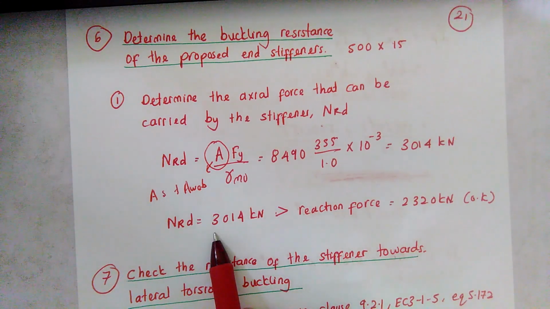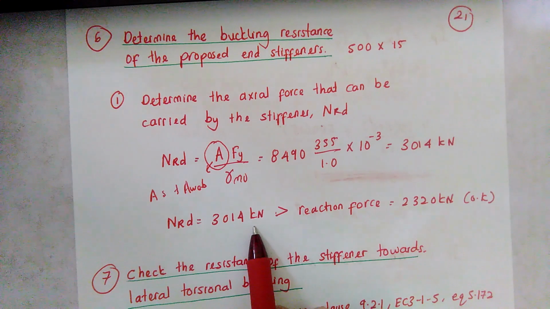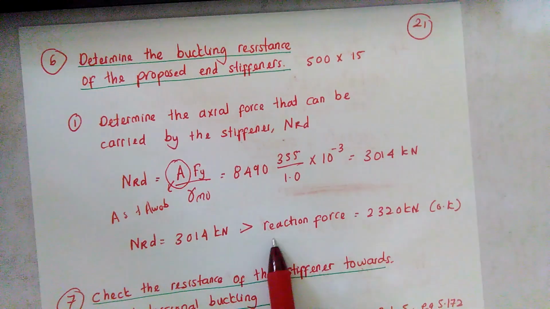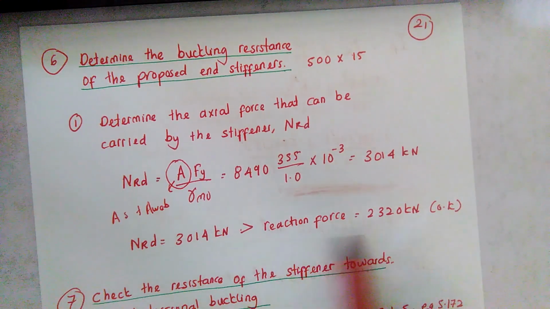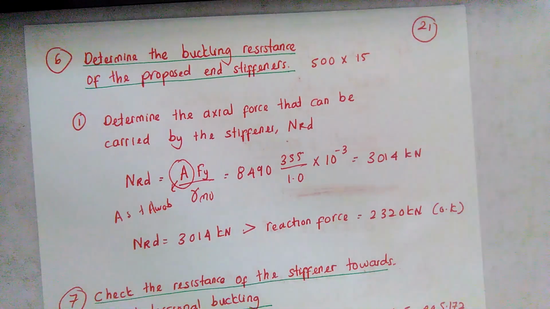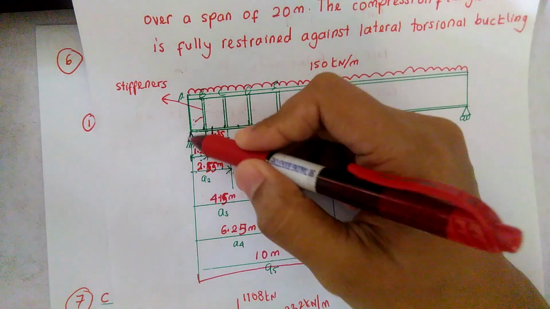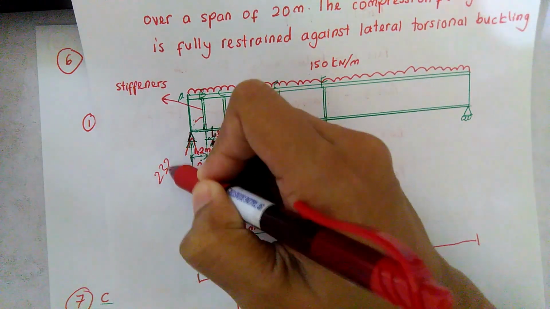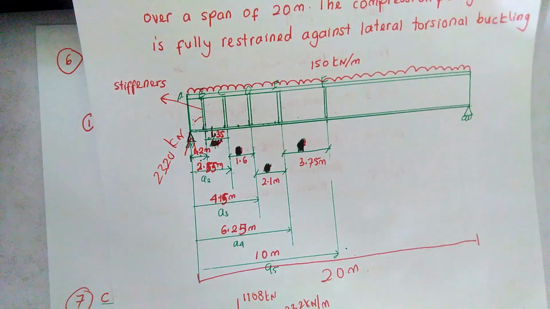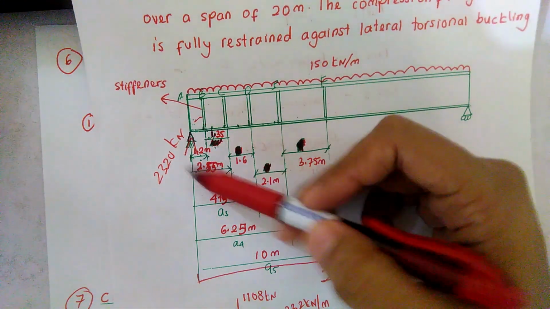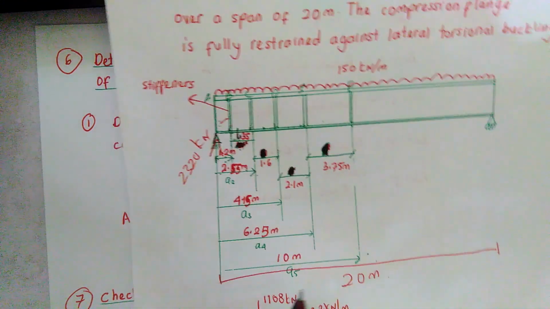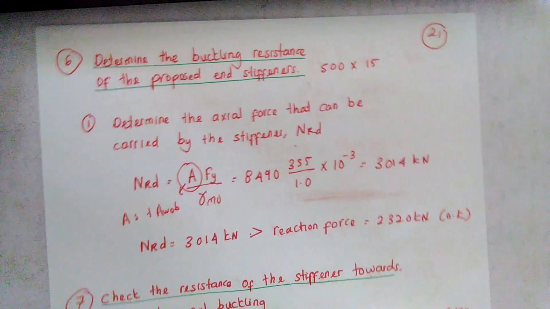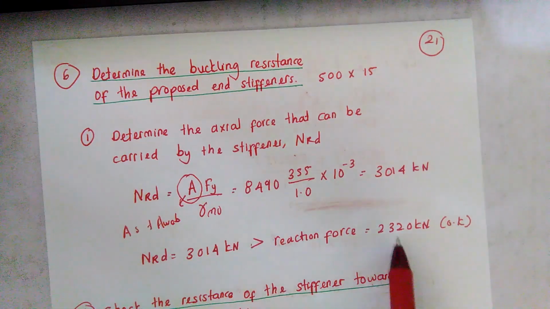If you can see here, the 3014 kilonewton is larger than the reaction force of your structure. If you look here, the reaction force that you determined earlier, the shear force, is 2320 kilonewtons.